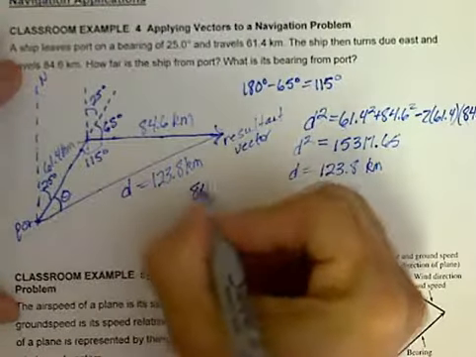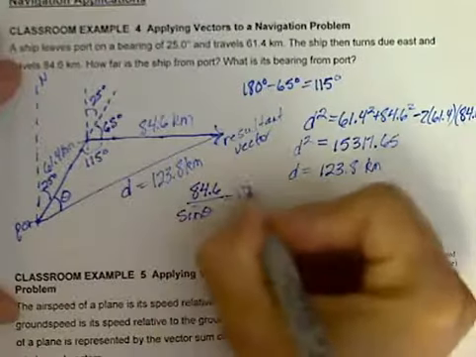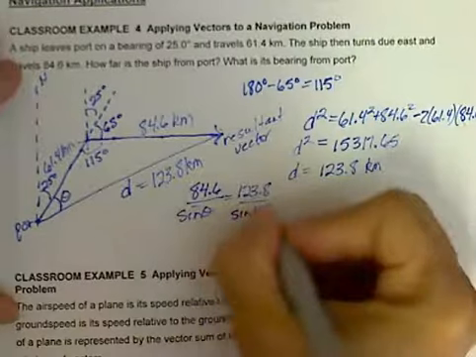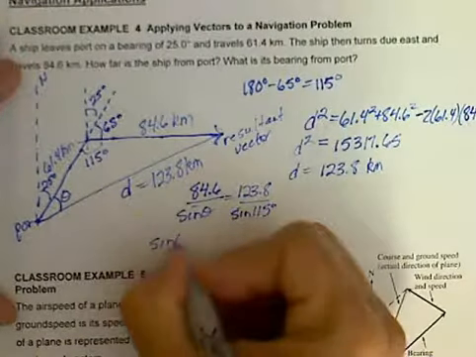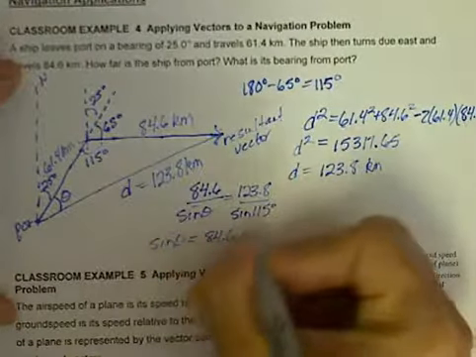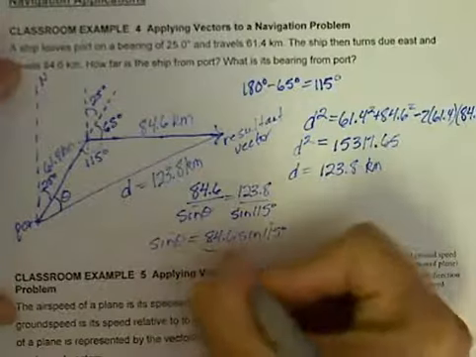We'd have 84.6 over the sine of theta would equal 123.8 over the sine of 115. If we solve this for the sine of theta, we'd have 84.6 times the sine of 115 divided by 123.8.